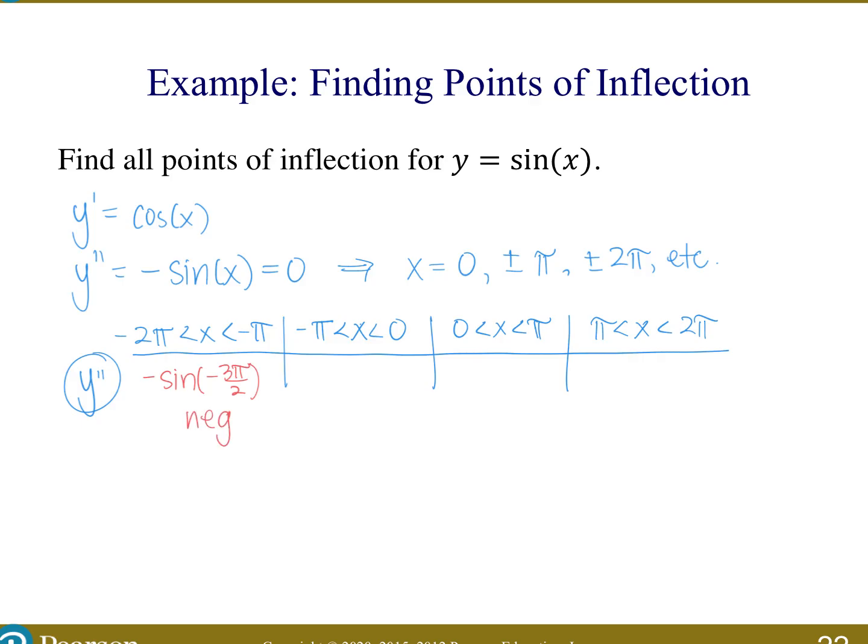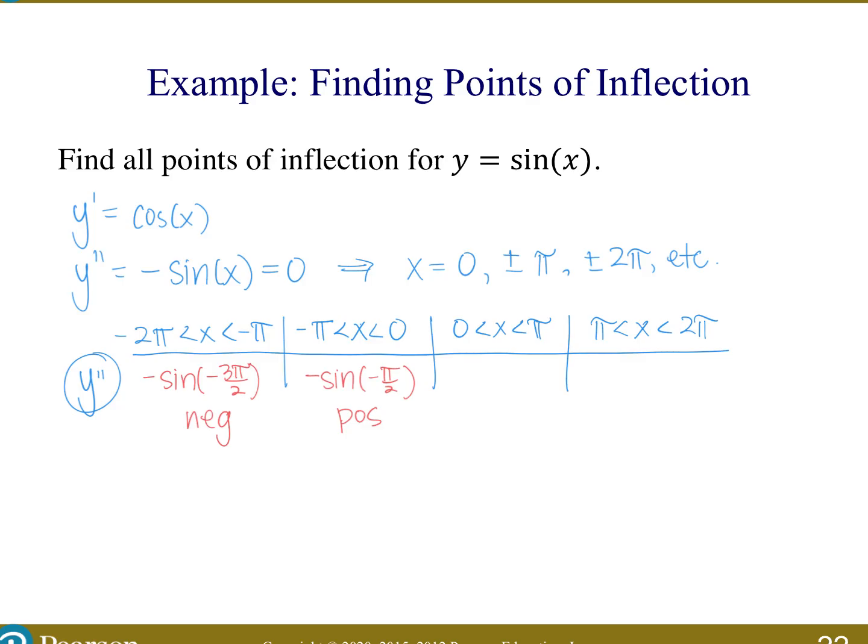It's negative 1. I'll check negative pi halves. So negative sine of negative pi halves. The sine of negative pi halves is already negative, so 2 negatives make that a positive. So now I see a change in the concavity. This started as negative concavity, changing to positive concavity.